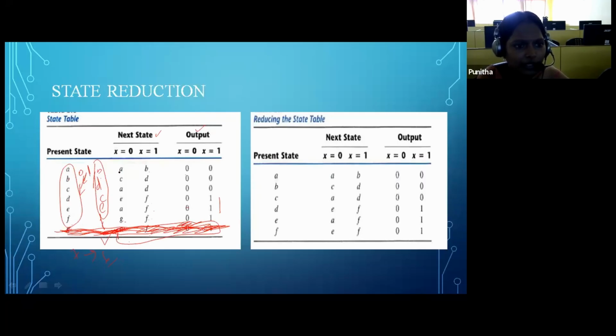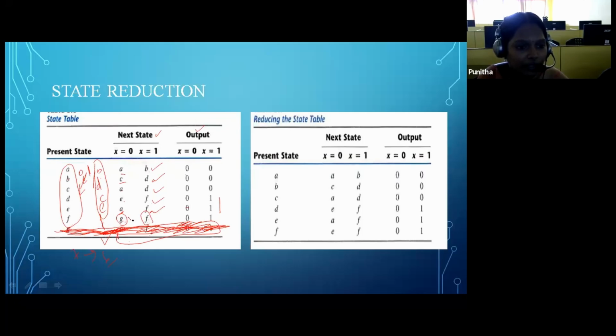So I'm checking whether all the states come from the present states. AB is a present state. CD is a present state. AD is available in the present states. EF is also available. AF is also available. In GF, F is available in the present states, but G is not.